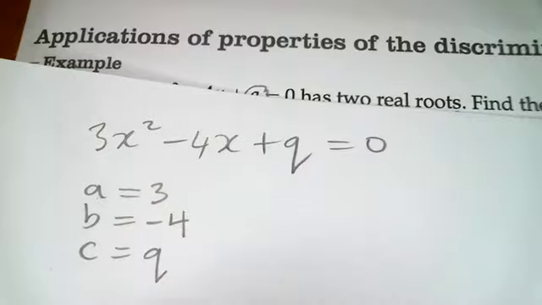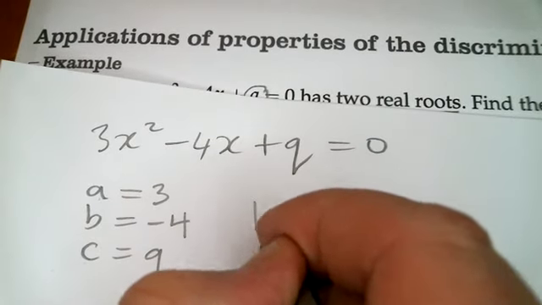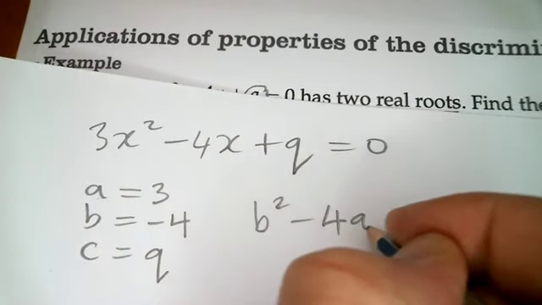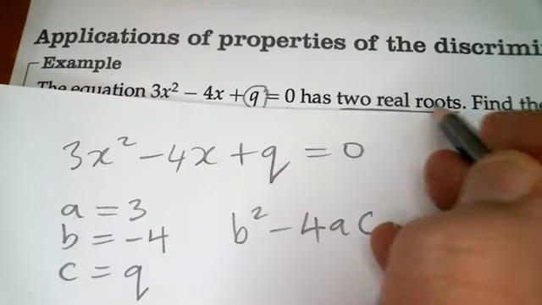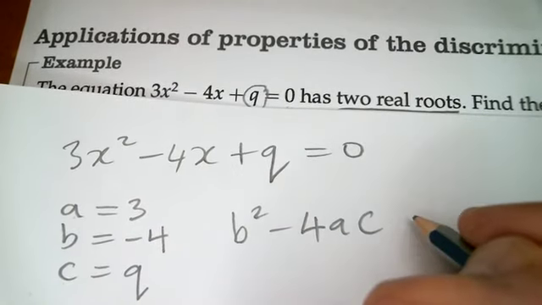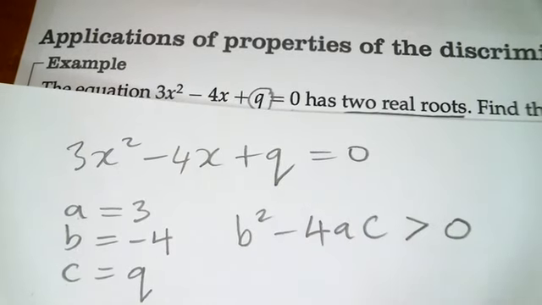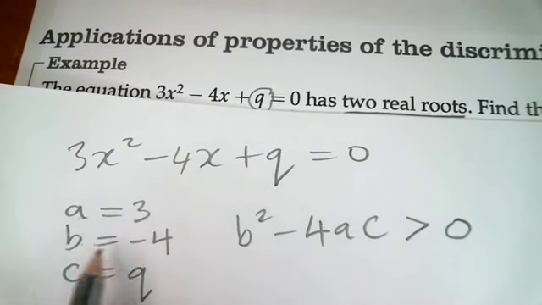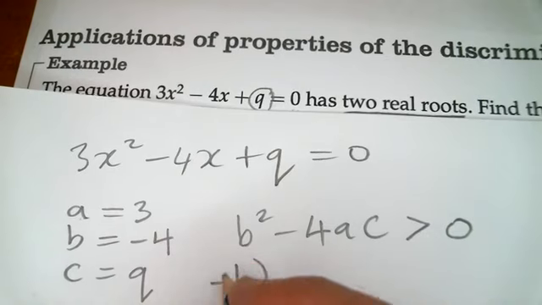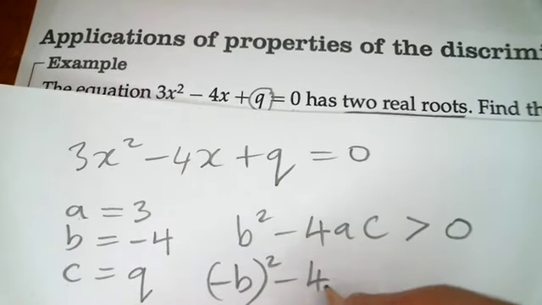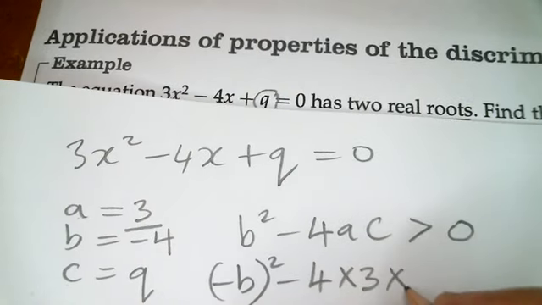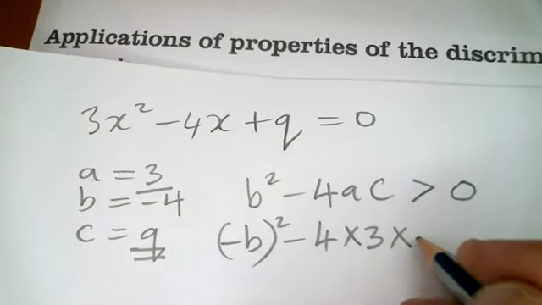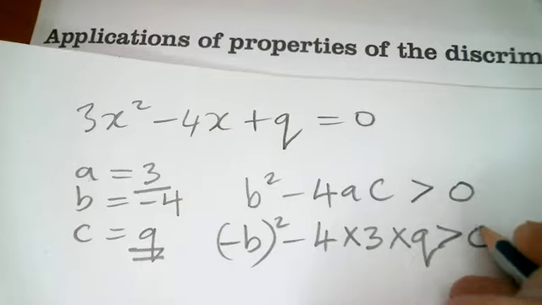So now I can put that into my discriminant function: b squared minus 4ac. Now, I'm told it has two real roots. If it has two real roots, it's got to be greater than 0. So let's write this in. b squared, that's going to be minus 4 all squared, minus 4 times a, well, a is 3, times c, well, c is q, and the whole thing is greater than 0.